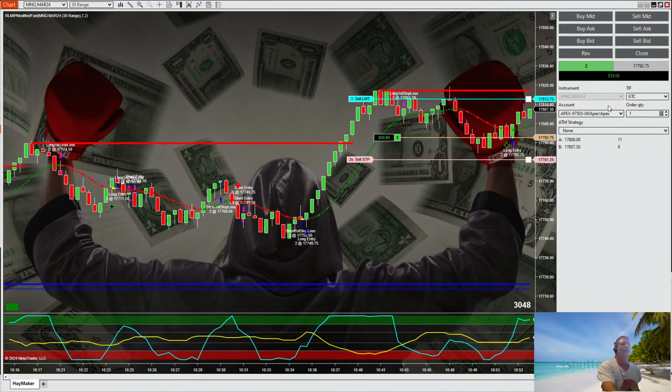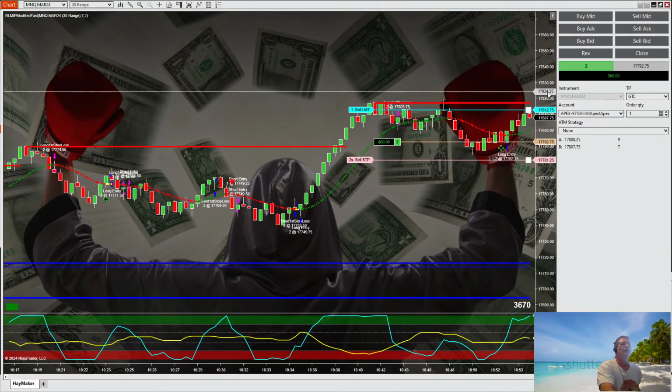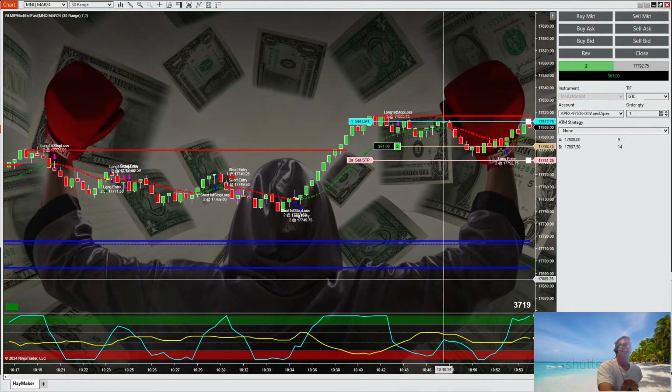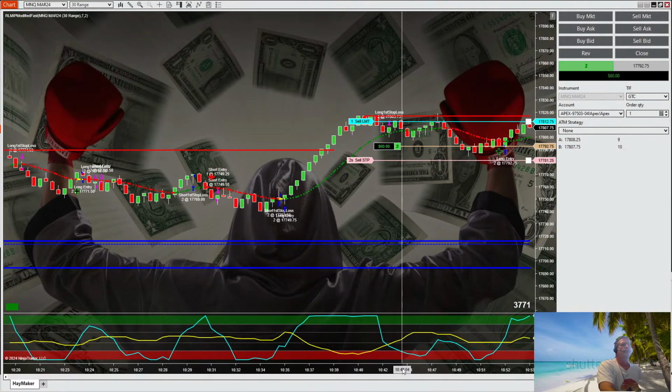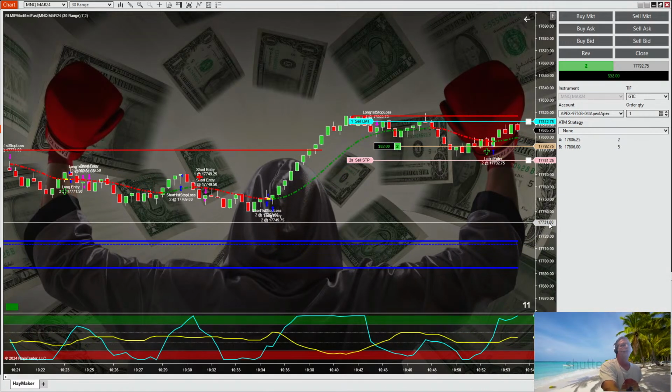So once we hit that first profit target, which is 80 ticks, it's not a small profit target, our stop will automatically go to break even. And we'll be in the trade on a second contract with no defined profit target, and it will trail the trade based on the color of that 15 EMA.